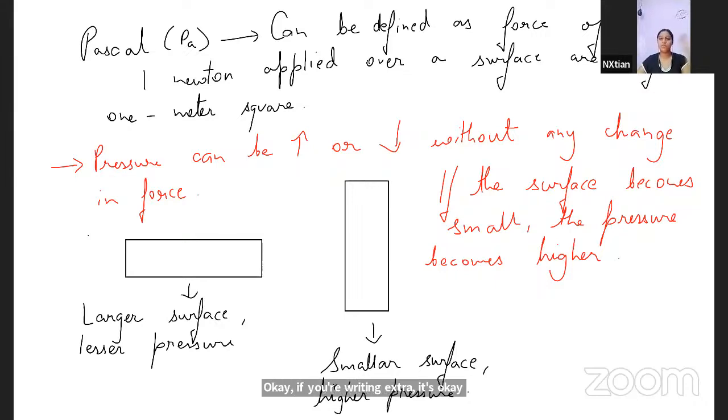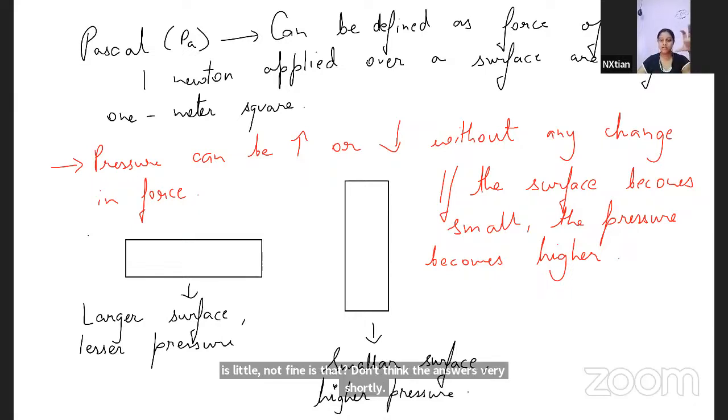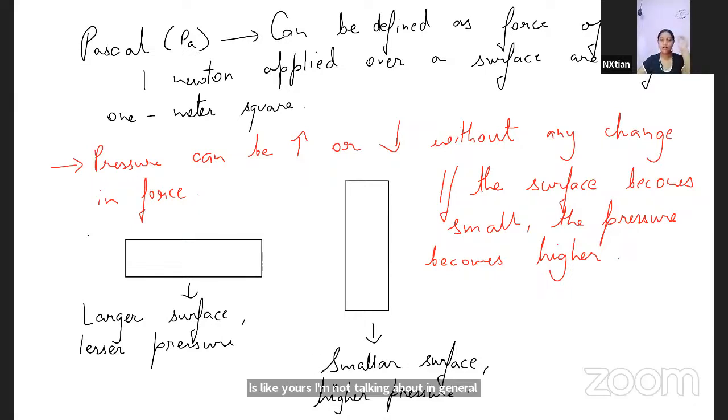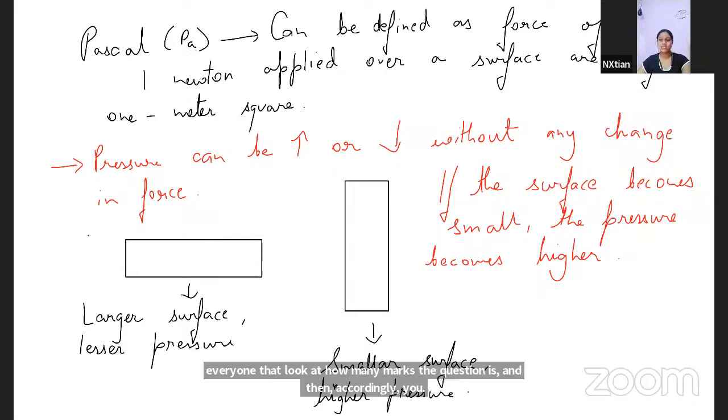If you're writing extra, it's okay. No problem with that. If you're putting extra information, writing in your own words, using some new words, all that is fine. But what is not fine is making the answers very short. I'm not talking about yours in general. For everyone, look at how many marks the question is, and then answer accordingly. I sent mine this morning. Abraham, please share your science test paper too.